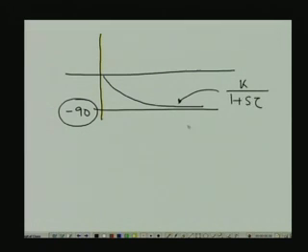On the other hand, k e to the power minus s tau will have a phase which is increasing linearly with frequency. So there is no bound.